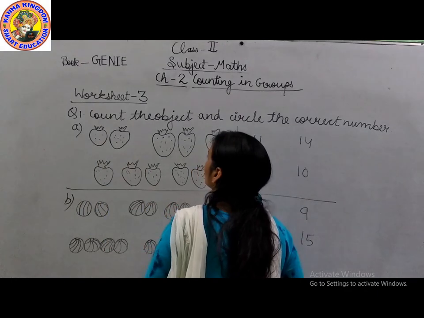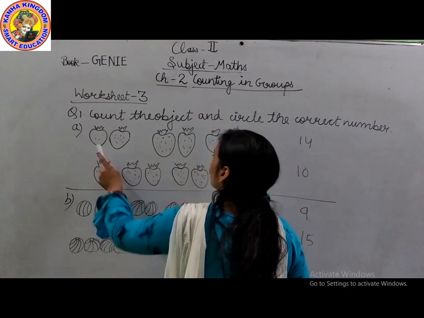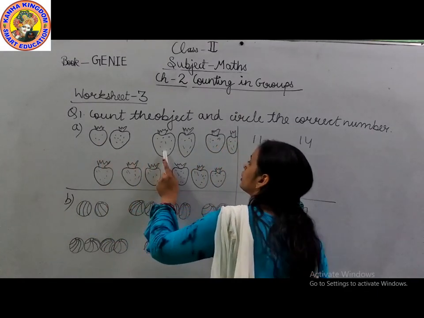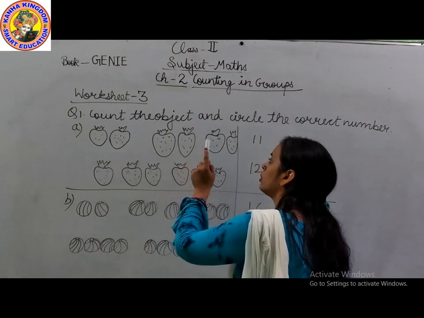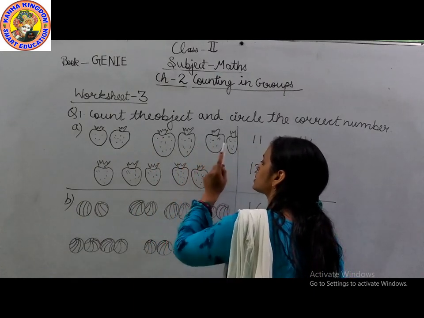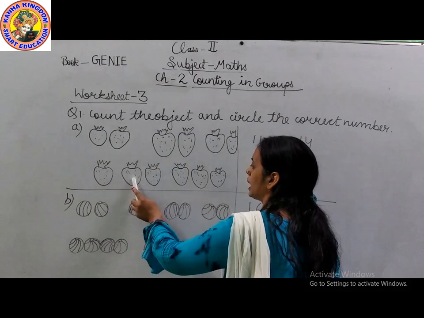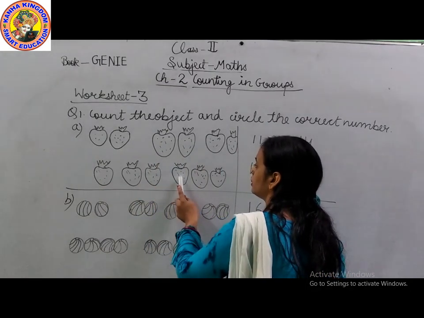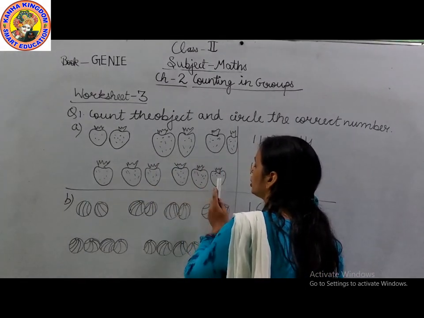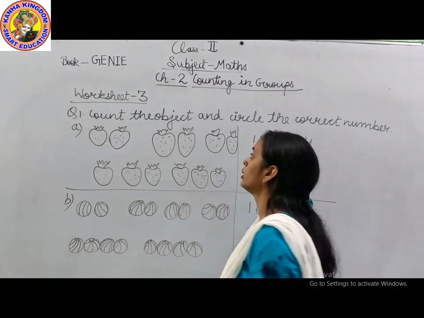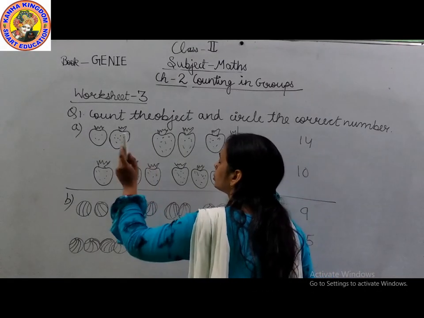1, 2, 3, 4, 5, 6, 7, 8, 9, 10, 11, 12. How many objects in question A?